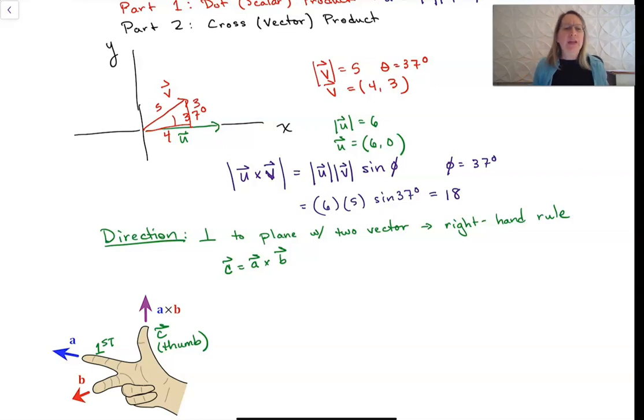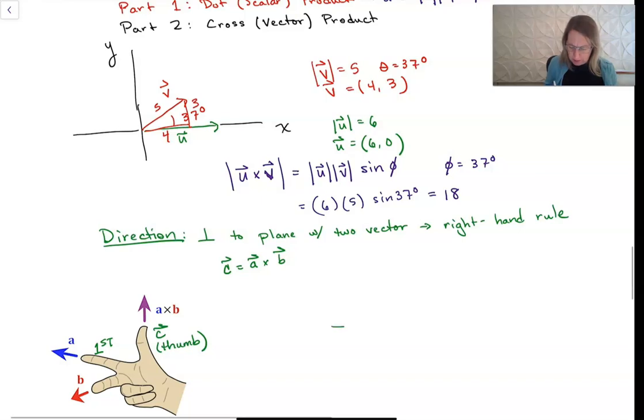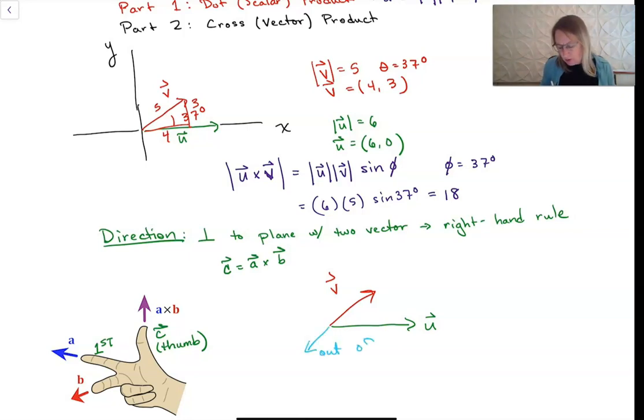My hope is that you can look at the screen and say, okay, my u is in this direction, my v is in this direction. Don't wrench your wrist when you do it. Then you take your right hand and realize my thumb is going to be out of the screen. That's the direction.